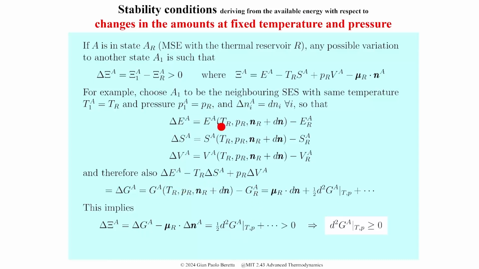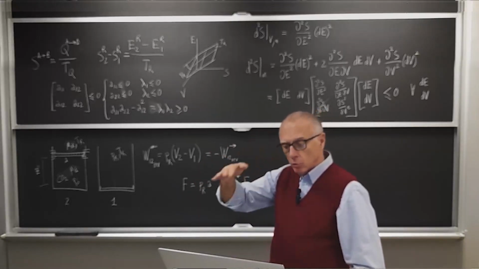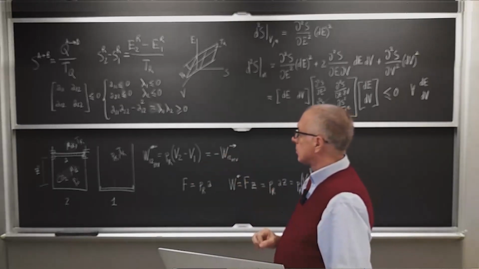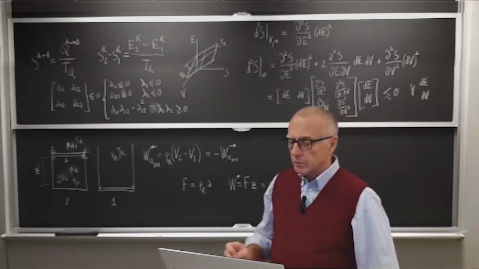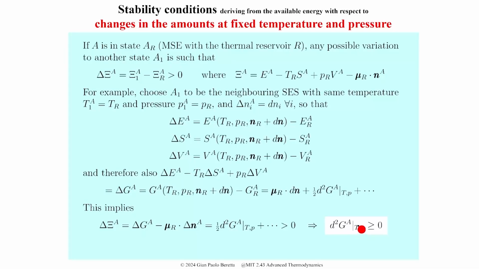You can prove it by remembering that the Gibbs free energy is E minus TR S plus PR V, and here TR and PR remain constant, so it remains defined. So this proves that the Gibbs free energy has a minimum: if you change the composition at constant T and P, the second differential is non-negative.